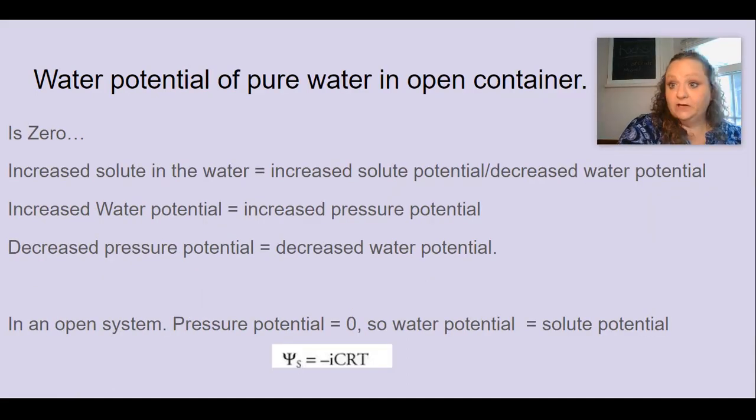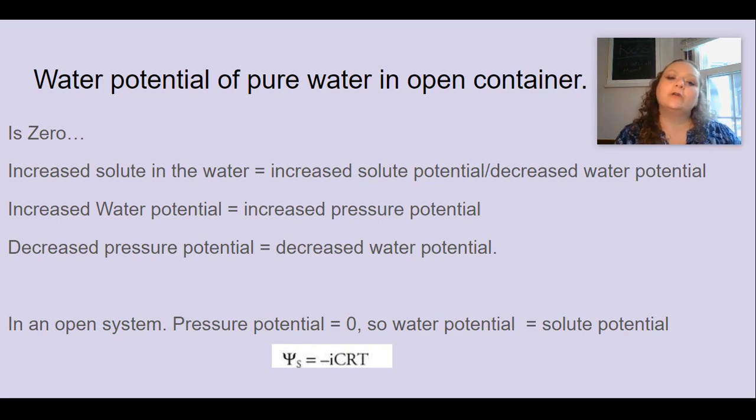There are some things here that you need to memorize, and some things that you're going to find on your AP formula sheet. So, water potential of pure water in an open container is zero. Okay. Increased solute in the water equals decreased water potential.